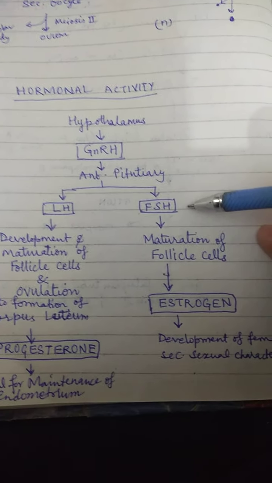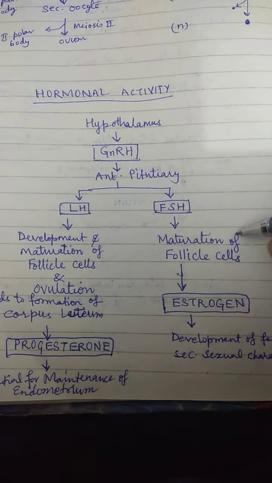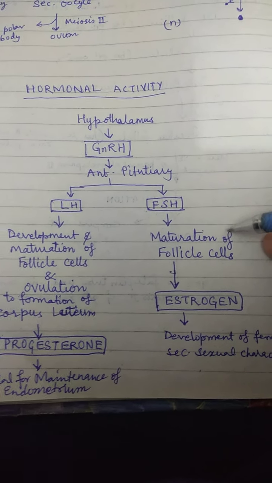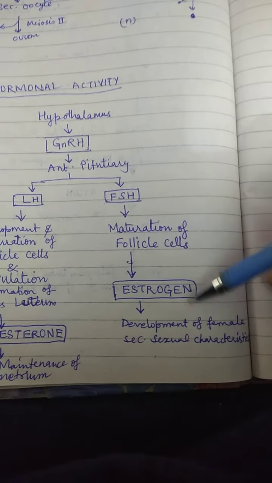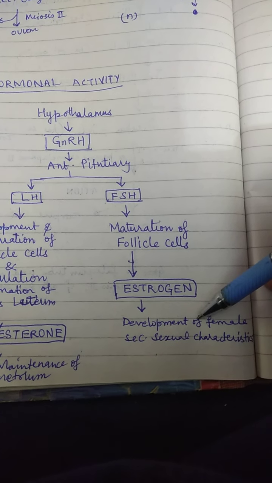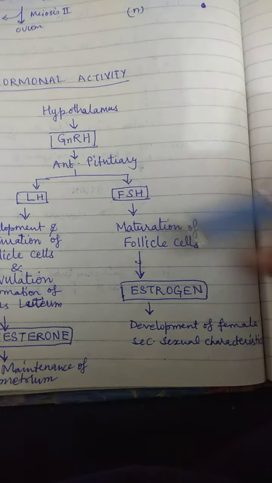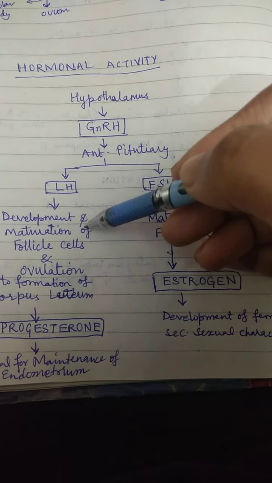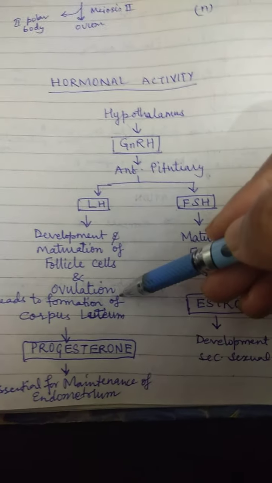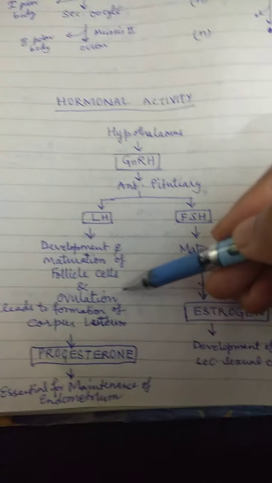Follicle stimulating hormone helps in the maturation of follicle cells, which further release estrogen. Estrogens are important for the development of the female secondary sexual characters. Luteinizing hormone helps in the development and maturation of follicle cells and also is very important for the process of ovulation.